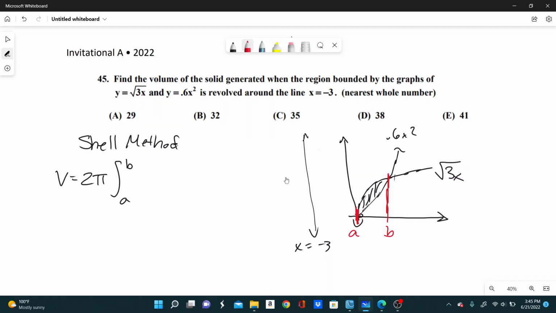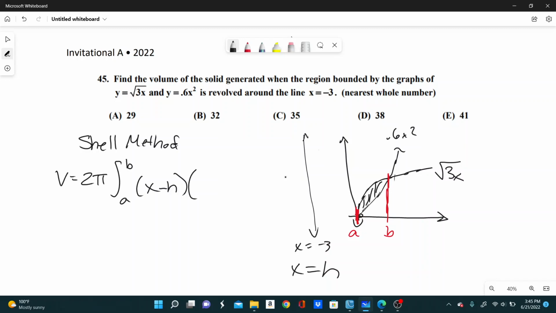So the integral from a to b of x minus h, so I'll say this line right here is in general x minus h, times think about your higher function minus your lower function. So over this interval from a to b, square root of 3x is always greater than 0.6x squared.